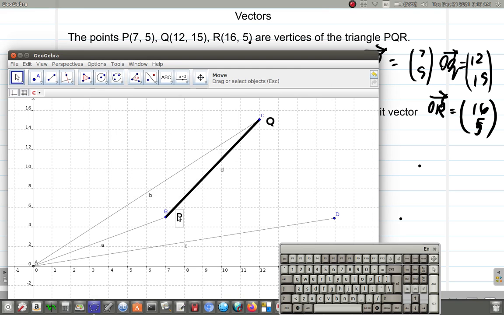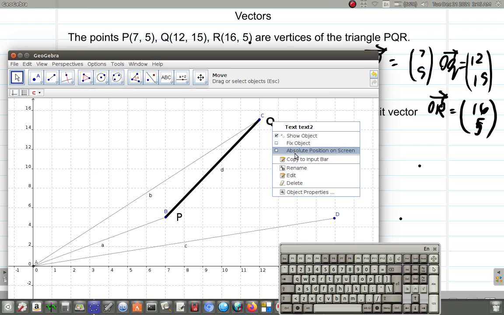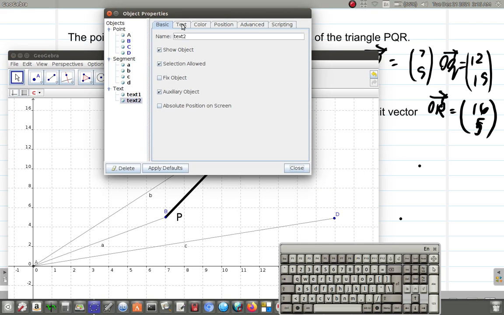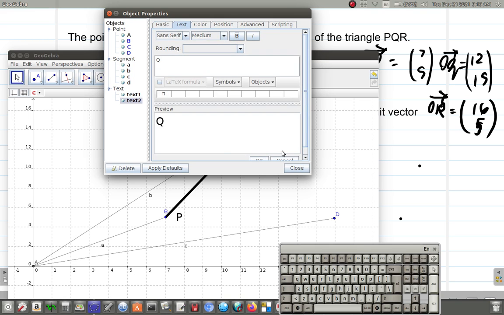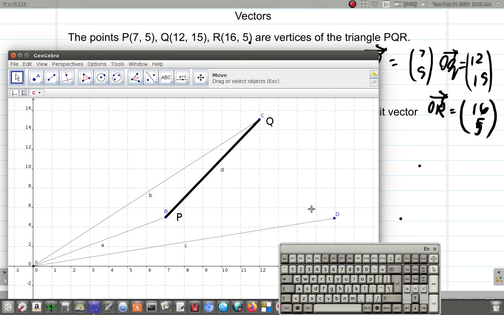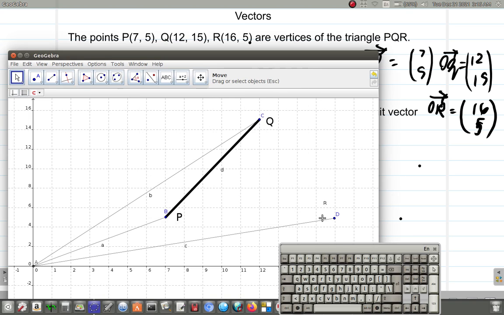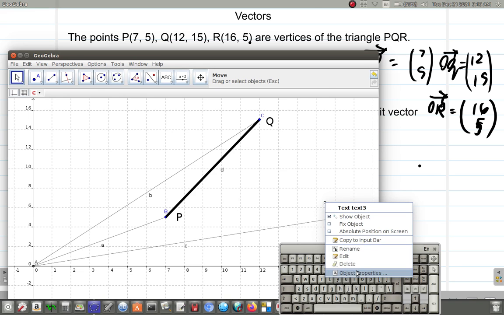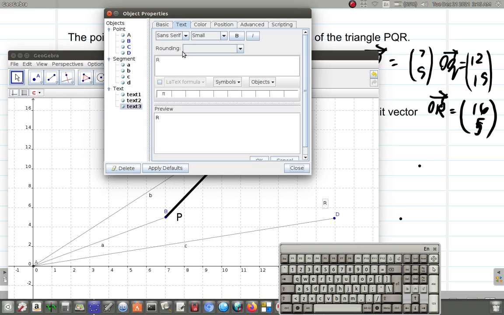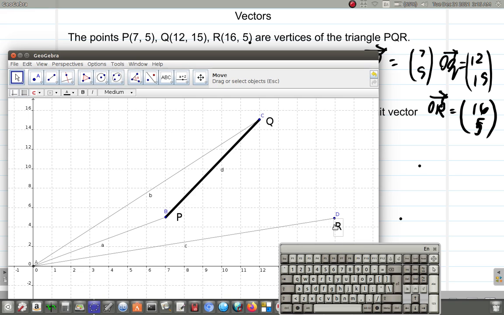Good. So this is P, Q, and R would be out here. So let's put R right here.